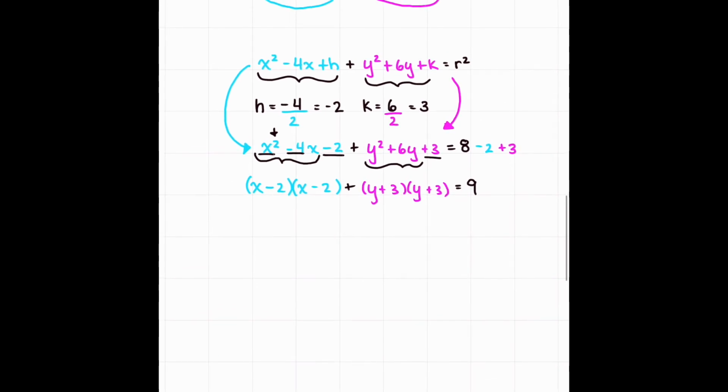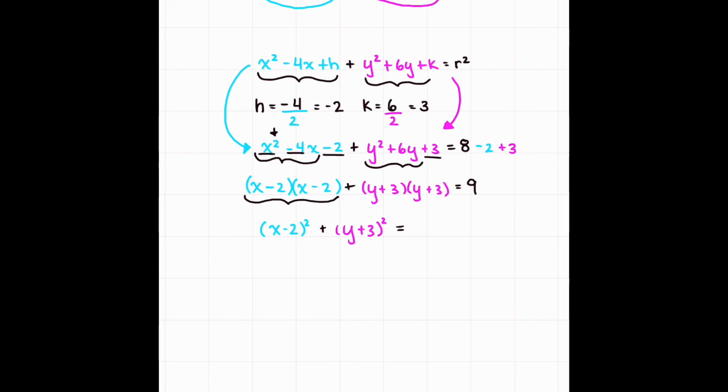Now what we can do is simplify the x. Because these two are exactly the same, we can just write it like this. And same for the y. So that's y plus 3 squared, and that's going to equal 9.